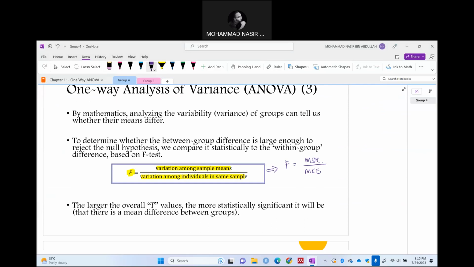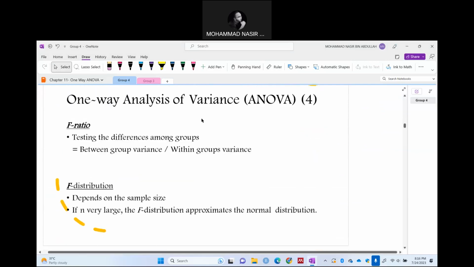But in one-way ANOVA, we do not call this the mean square regression. We call this the mean square treatment, divided by mean square error. Of course, the design of the ANOVA table is the same as previous: we have source of variation, sum of squares, degrees of freedom, mean square, and F calculated.